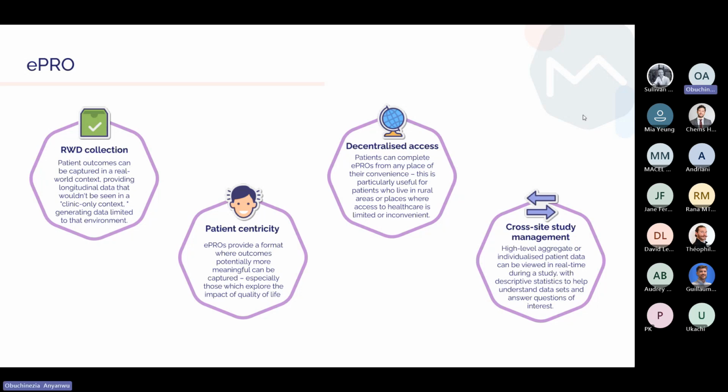And decentralized access. So in terms of providing clinical trials that the vast majority of patients can access. In theory, patients can use the platform and participate in clinical trials from any place of their convenience.